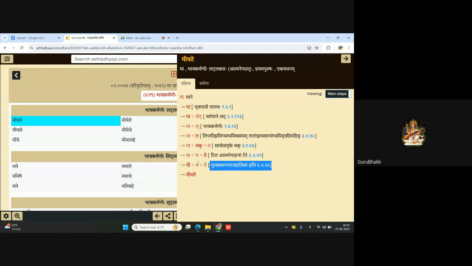Then the dhatu becomes dirgha, akara becomes ikara. Is this point clear? Yes, Amma. Akara directly changes into ikara. Yes.